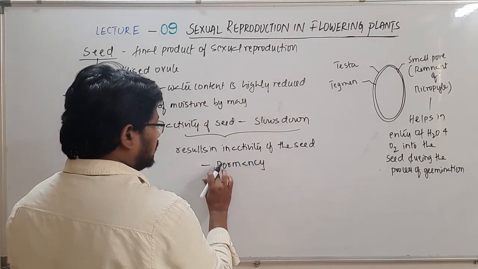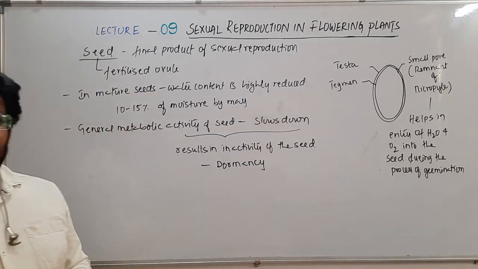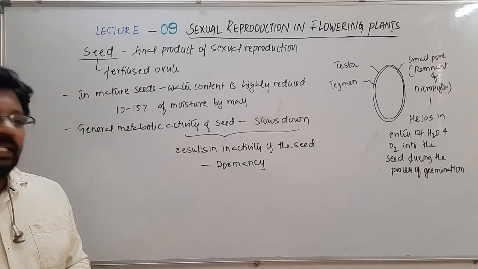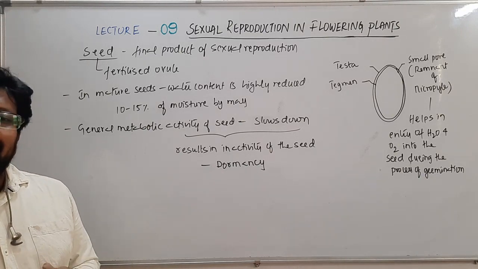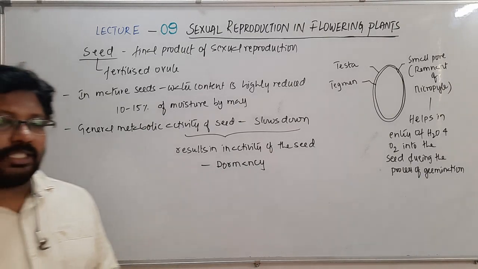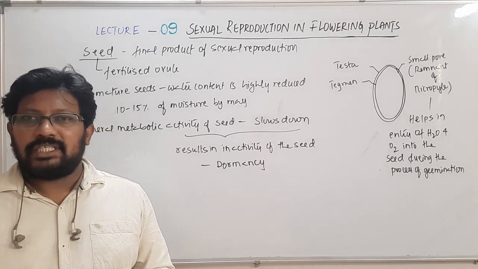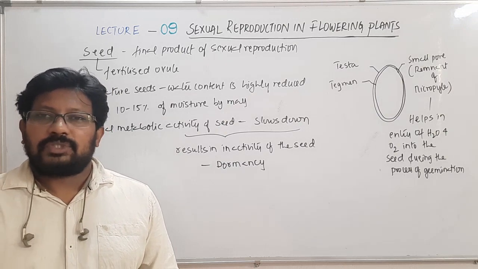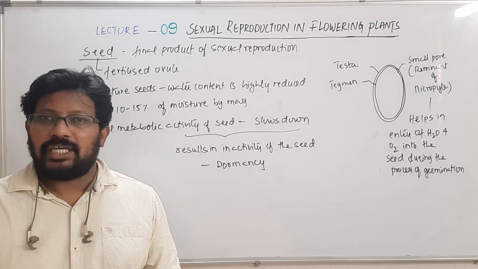That state is called dormancy, seed dormancy. In certain seeds there will be dormancy and they will not germinate until this dormancy period is over. You can check it out in the case of mango seeds and tomato seeds. After you put these seeds into the soil, observe the number of days in which they germinate.